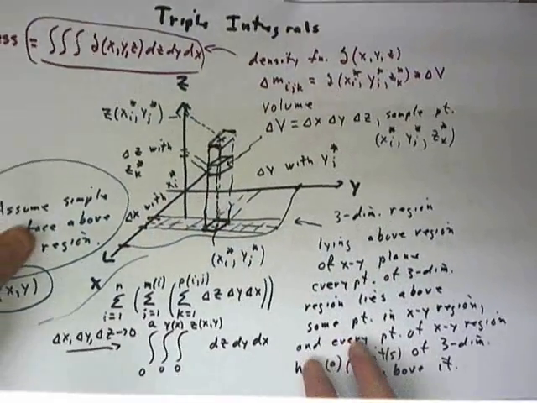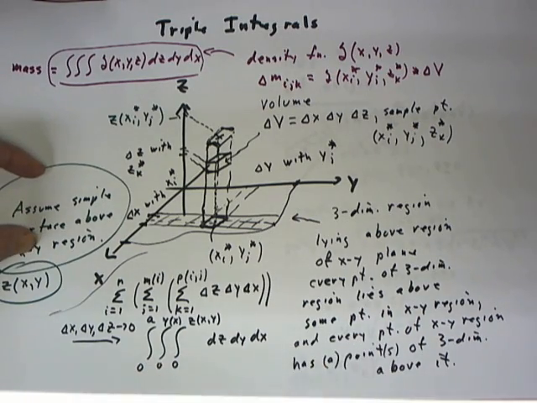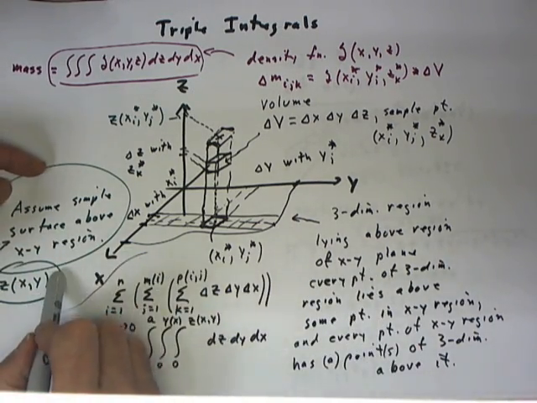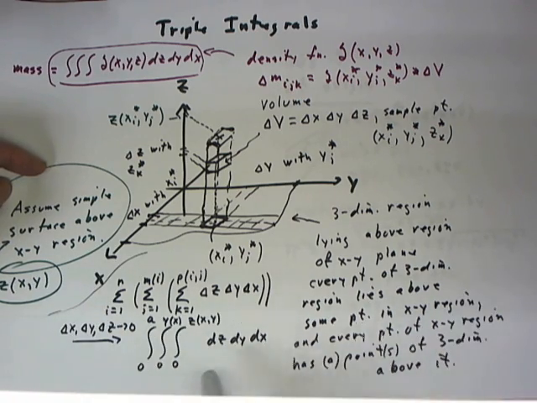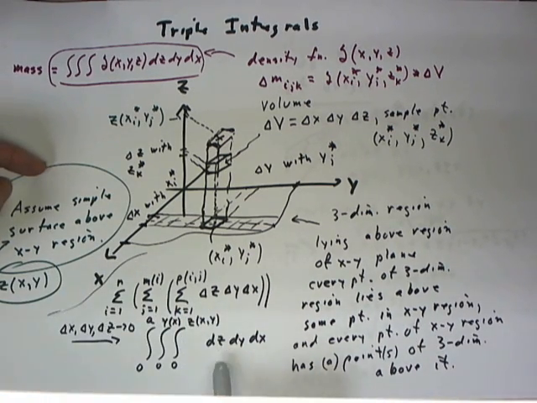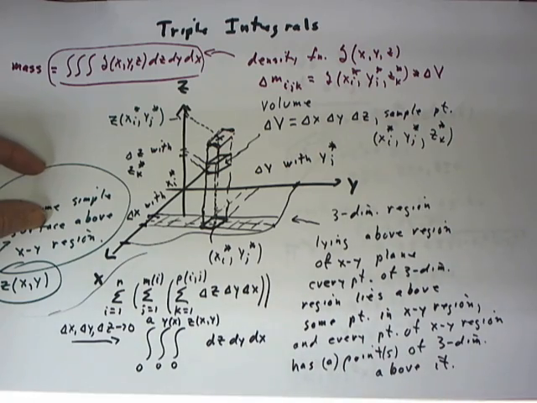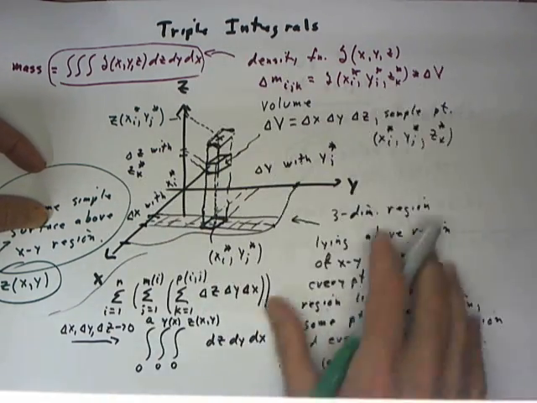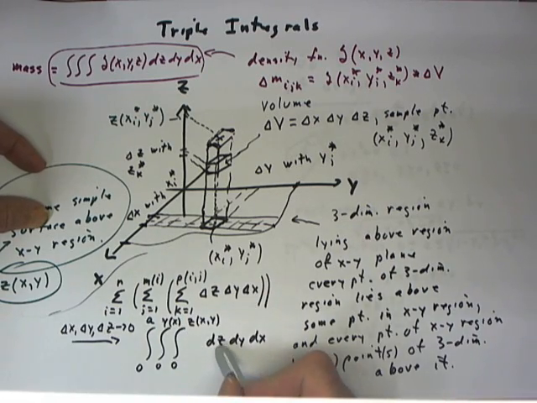In general, we saw earlier that a volume integral for a simple surface, which the sphere is, above the xy region, because of the way this is partitioned, our z runs from 0 to z of xy.